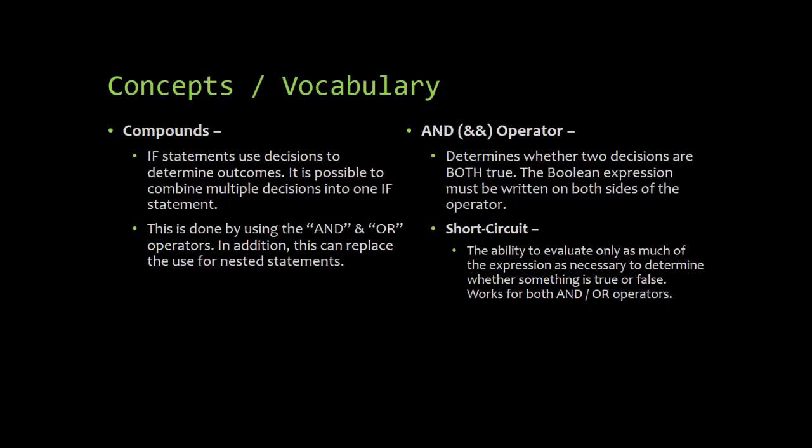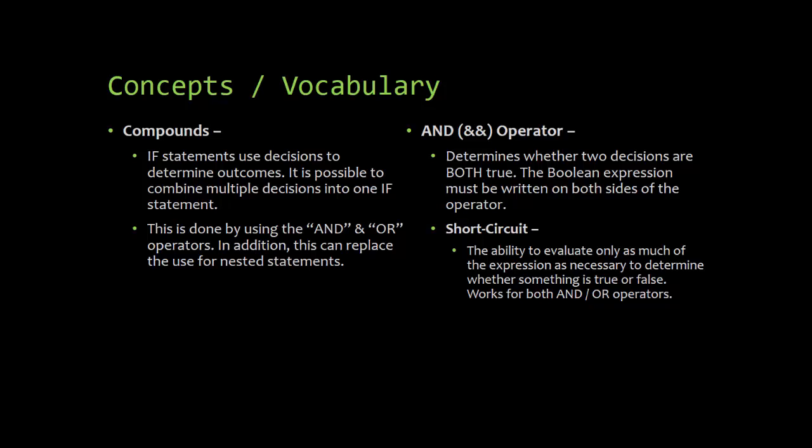The AND operator, you write it using two ampersands, and it determines whether two decisions are both true. The Boolean expression must be written on both sides of the operator. So basically, you would have to type if age is greater than 21, then double ampersands, age is less than 25, for example.